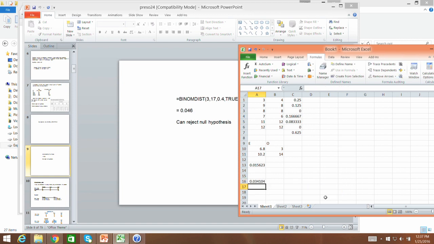If you give it as false you get 0.034, and if you give it as true, the cumulative binomial distribution.